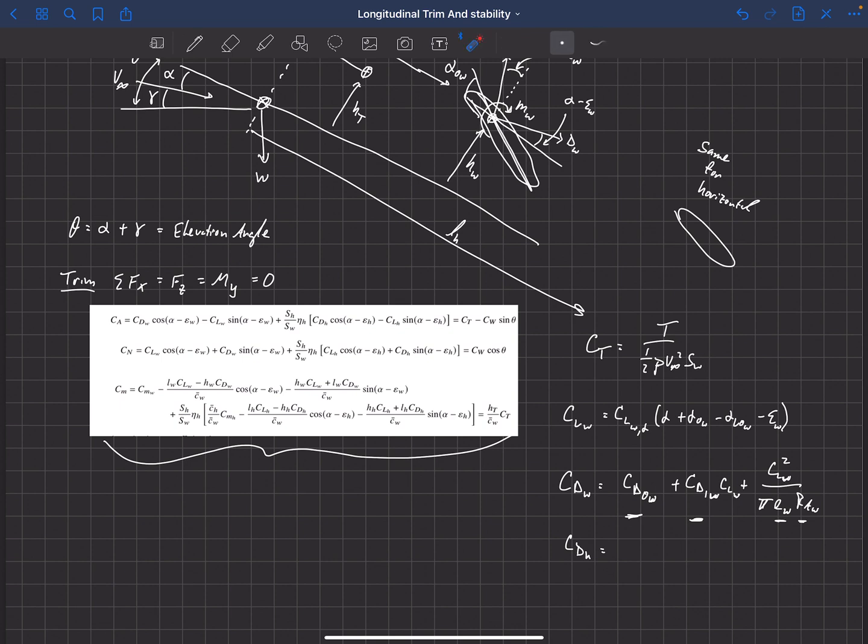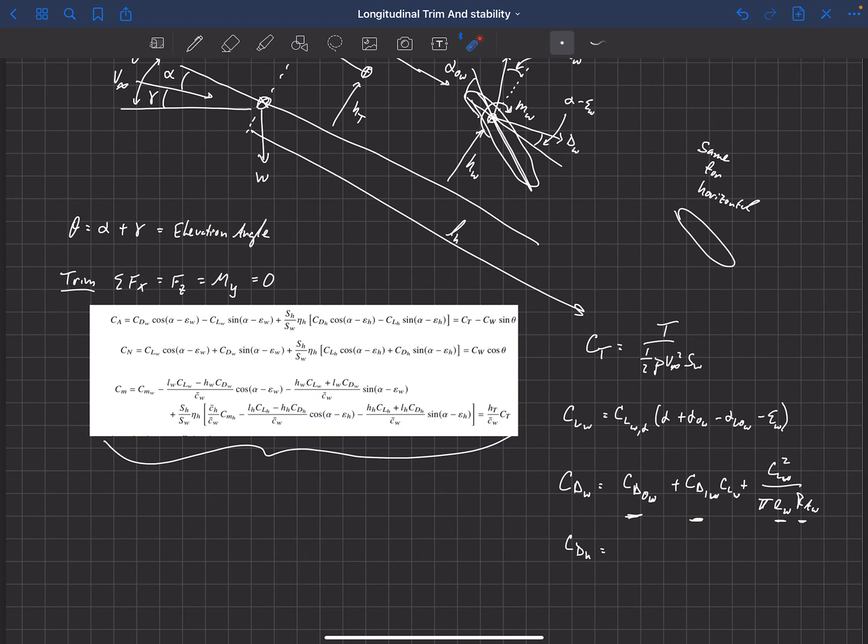So what I want to point out here is that alpha is actually also embedded inside of these drag terms, which we're calling C_DW and C_DH here. Alpha is actually embedded in there because it depends on the lift coefficient of the wing, and the lift coefficient of the wing depends on alpha here, and we even have a C_L wing squared in the drag term.